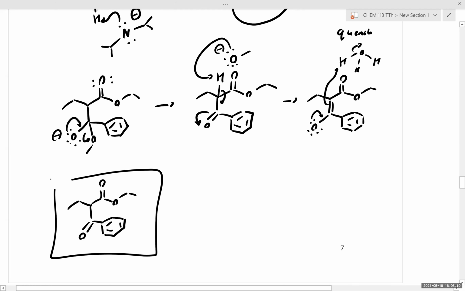Does this mechanism make sense? Yeah, for this problem, since there's no quench drawn, you just draw the enolate product.